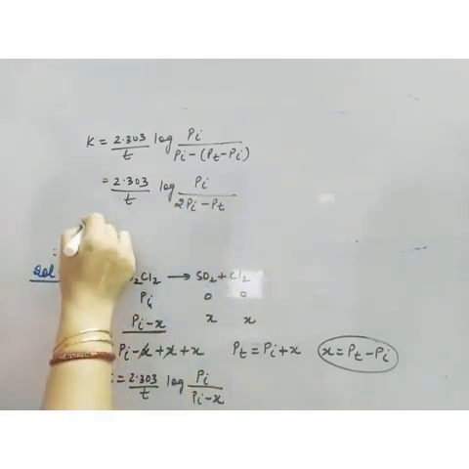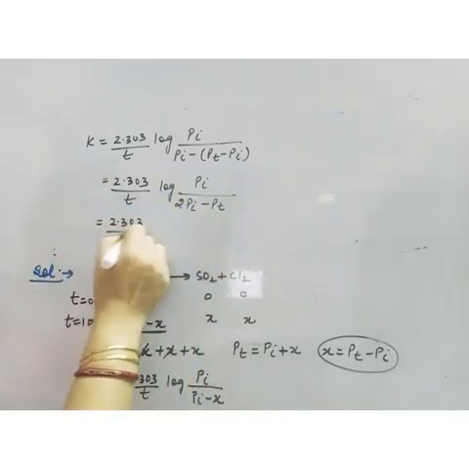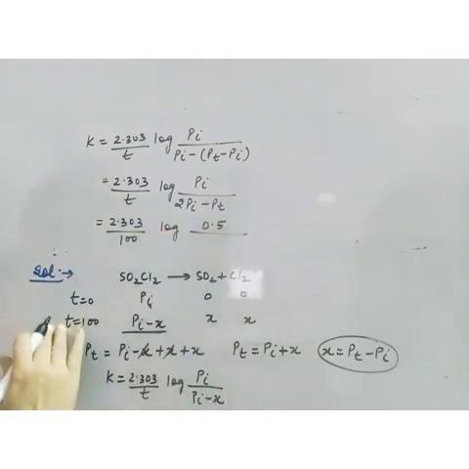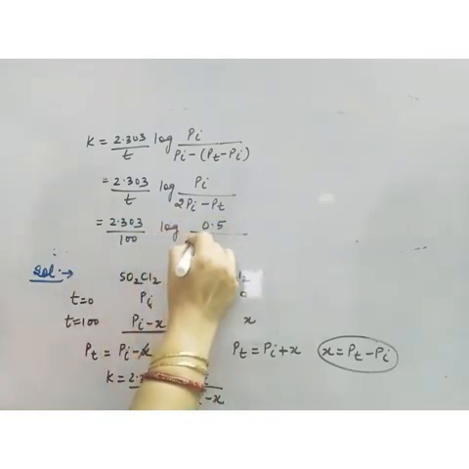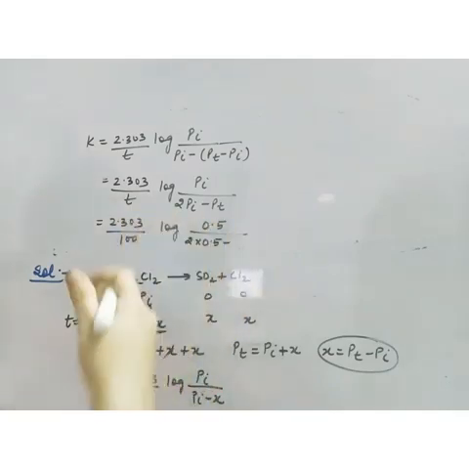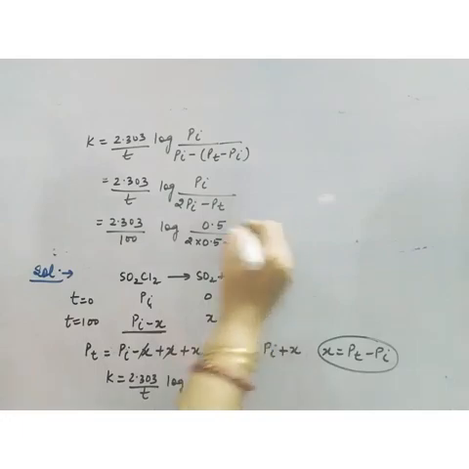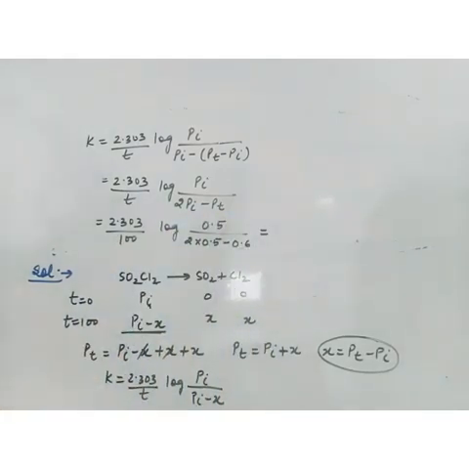Now let's solve it. So after 100 seconds, log. Now what is the initial pressure? 0.5. So 2 into 0.5. And what is the total pressure? Total pressure means after 100 seconds, so it is 0.6. So you will solve it, whatever is given in the log, and you will get the answer.